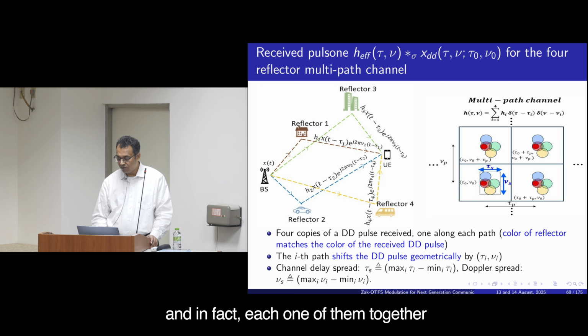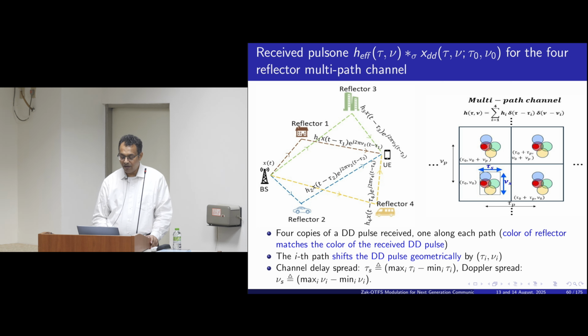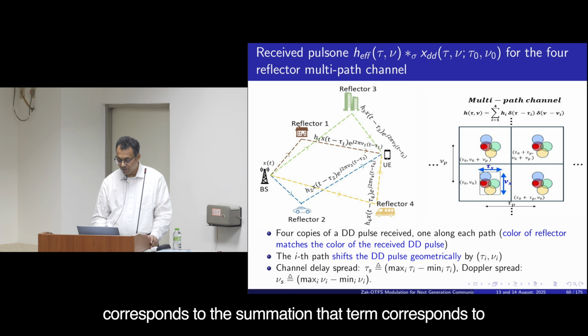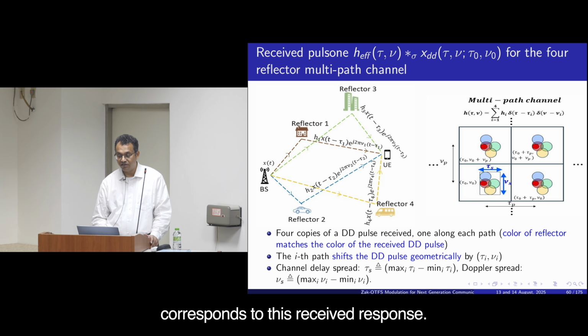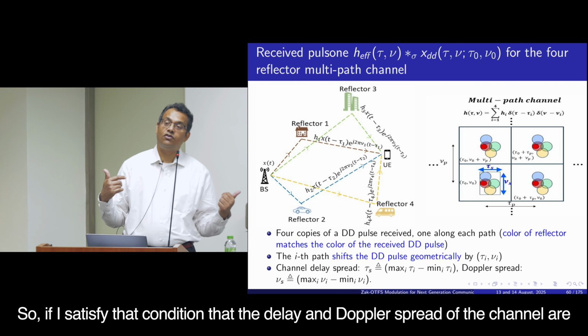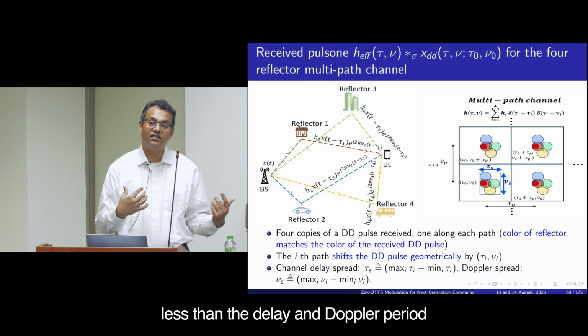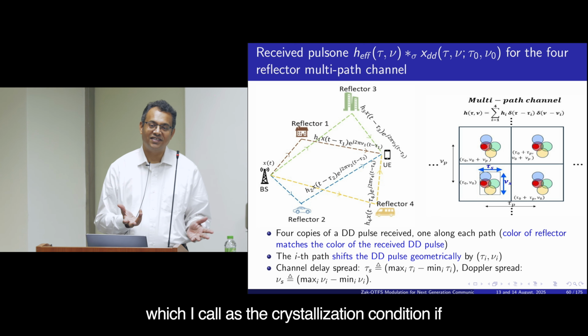In fact, each one of them is like one of the terms in the summation here. For example, n equal to 0, m equal to 0 corresponds to this one. N equal to 1 and m equal to 0 corresponds to this received response. So, if I satisfy that condition, that the delay and Doppler spread of the channel are less than the delay and Doppler period, which I call the crystallization condition.